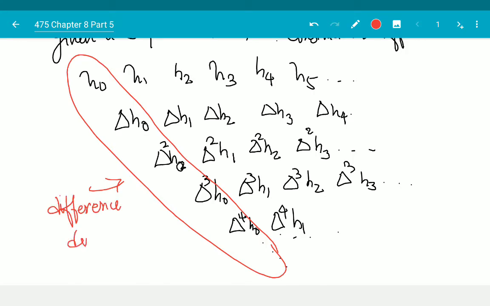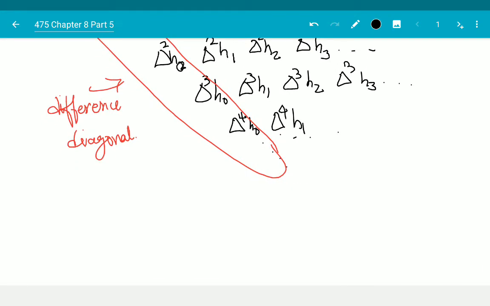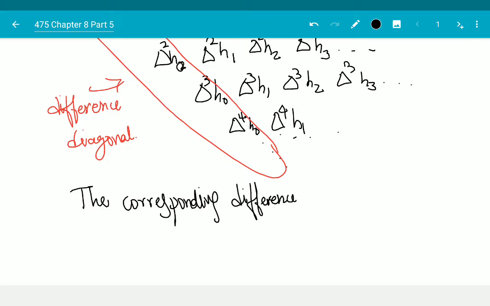Okay, so what is the difference diagonal? The corresponding difference diagonal is equal to delta to the n h0, for n from 0 to infinity.